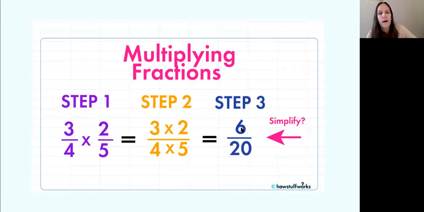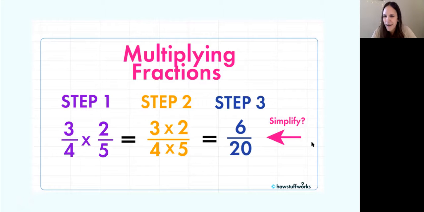We also know about multiplying fractions. We know that we can multiply the numerators of each fraction together to find the numerator of our answer. And we know that we can multiply the denominators of each fraction together to find the denominator of our answer.